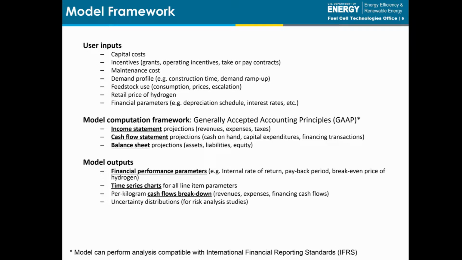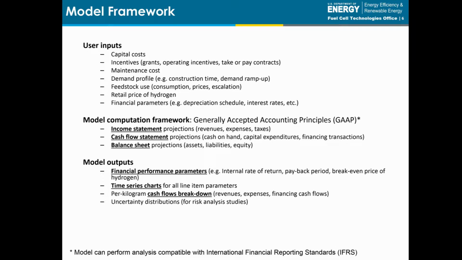For the model output, we have a set of overall performance metrics such as internal rate of return, payback period, break-even price of hydrogen, and I'll show you what those look like, as well as their time series charts where you can pull out any line item parameter and you can see how it changes over time.